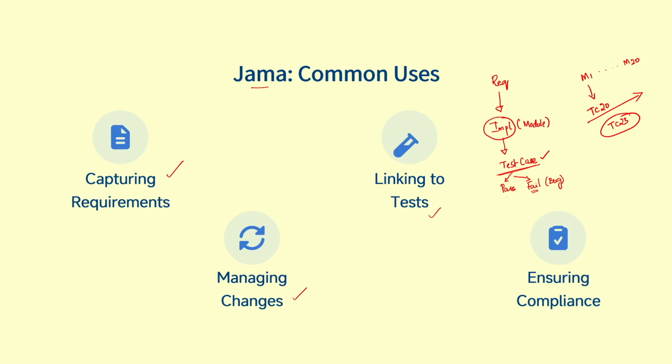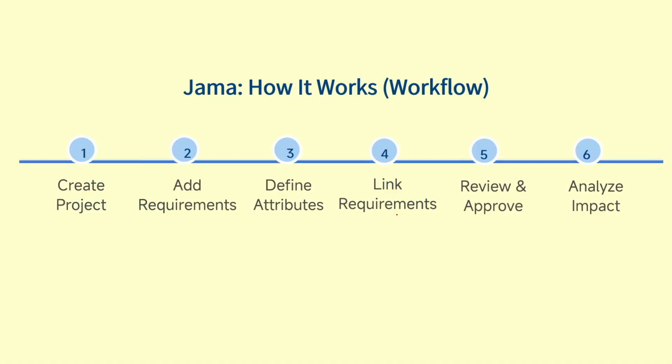When there is a change in requirements, it is trying to provide comfort, and the third one is linking to the test. By just looking into the software itself, we can very well see in a fraction of time how much progress has been done with respect to these requirements, and how many test cases have passed, failed, or are in progress.